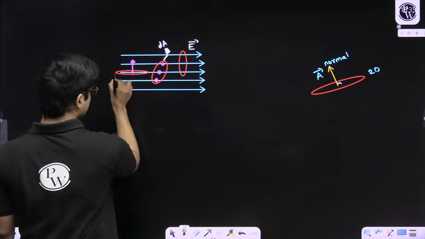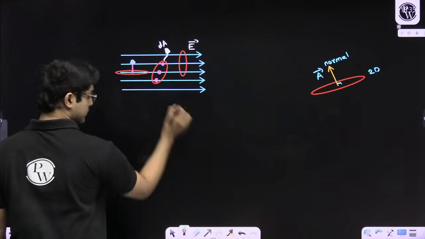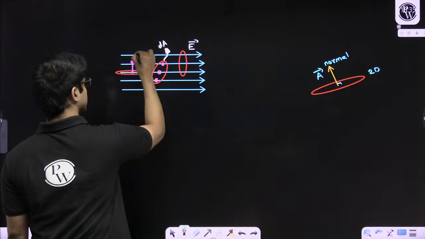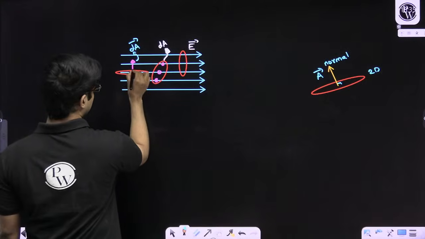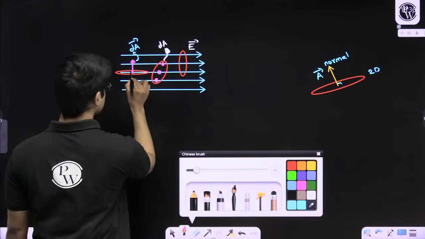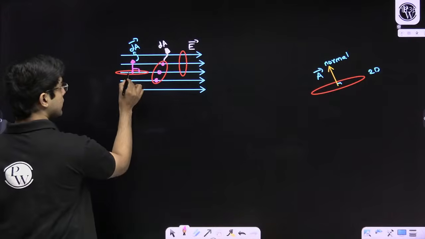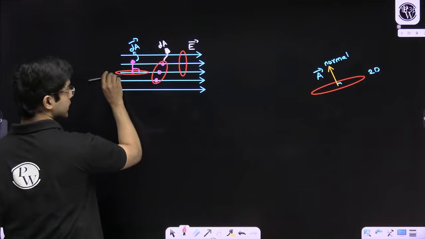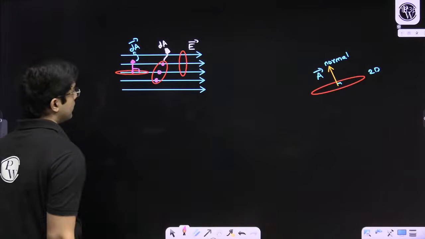So if I keep the area like this, this is the area vector, and it is perpendicular to the electric field vector. For this particular area, the area vector is upwards, whereas the electric field is to the right. The electric field lines are these blue lines.